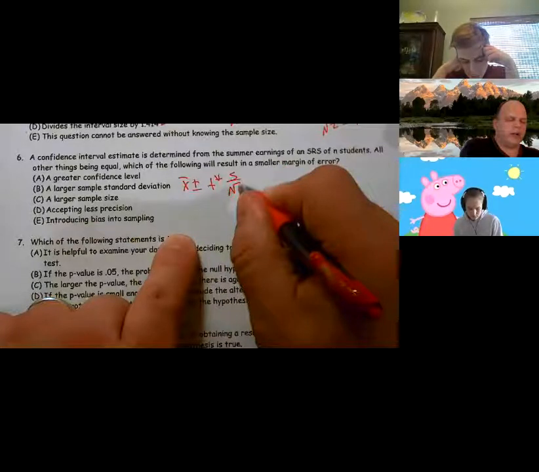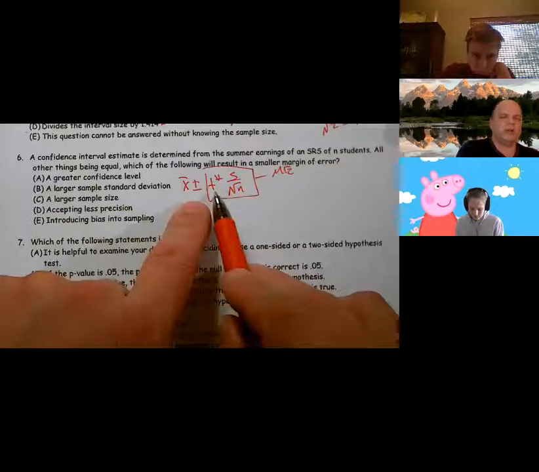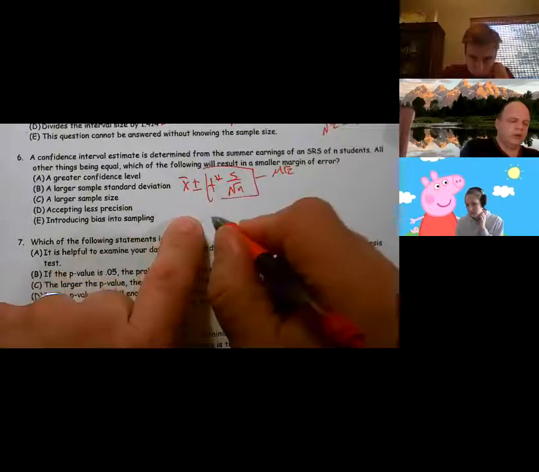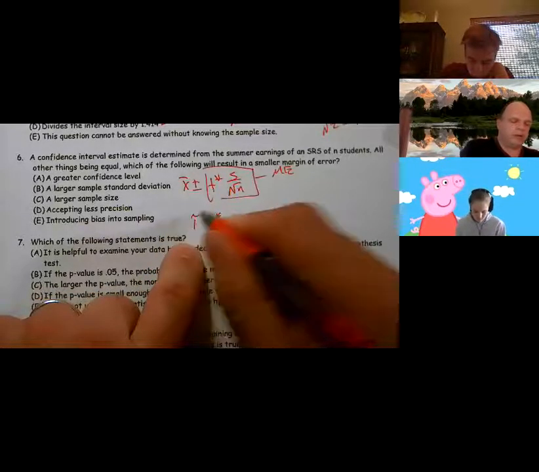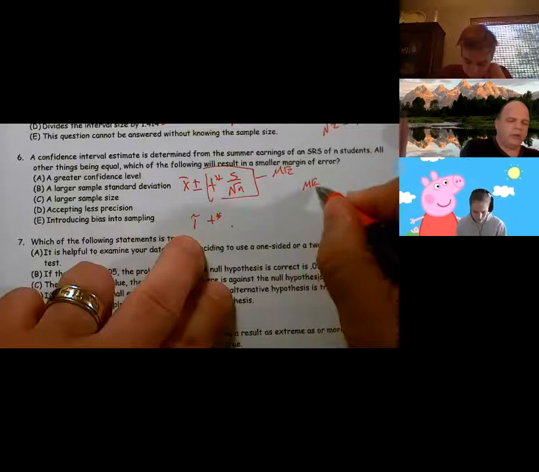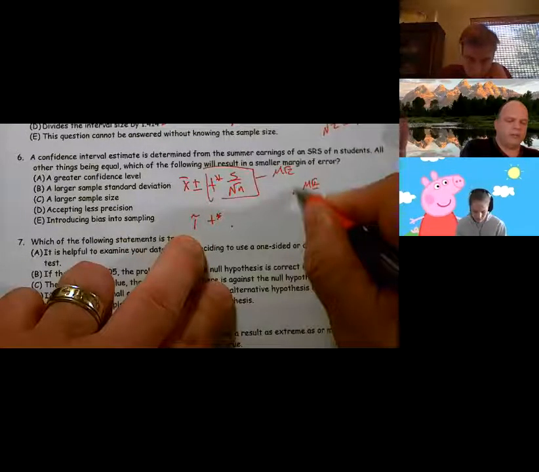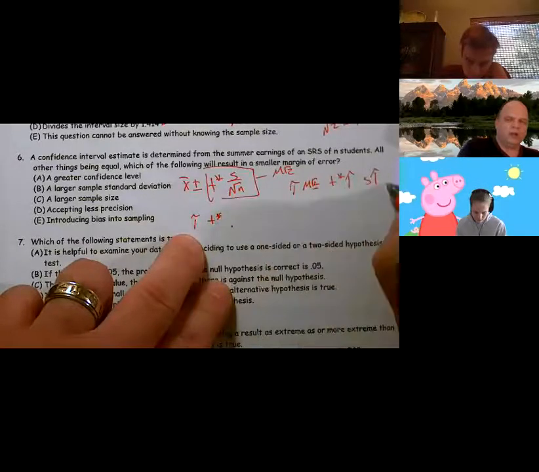This area right here is my margin of error. Margin of error goes up if t star goes up, or if s goes up, or if n goes down.